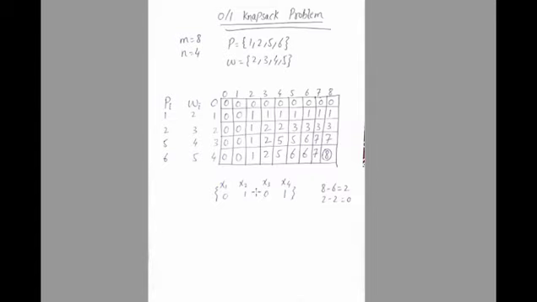So then we will check for the second object. Is the second object the only object that has given us the 2 profit? Yes, object 2 or x2 is the only object that has given us the profit 2, right? So we will write 1 here. We will consider the second object.